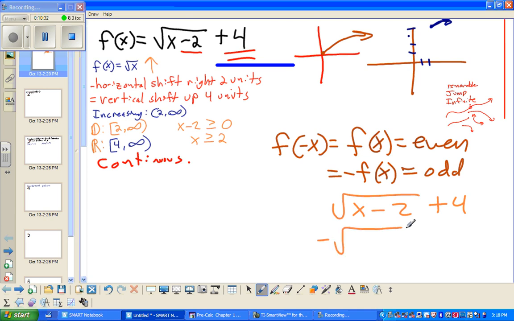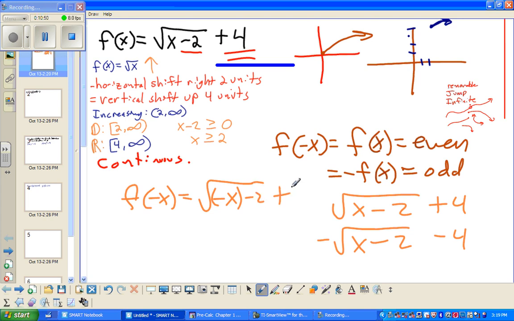If I got the opposite of the square root of x minus 2 minus 4, it would be odd. So when I do that, you'll see I don't actually get either of those answers. And that's why it's neither odd or even.